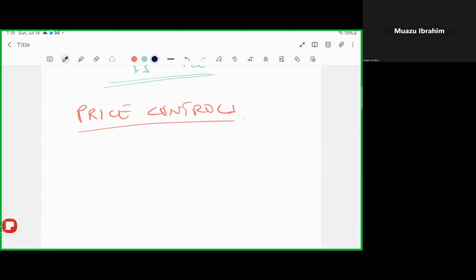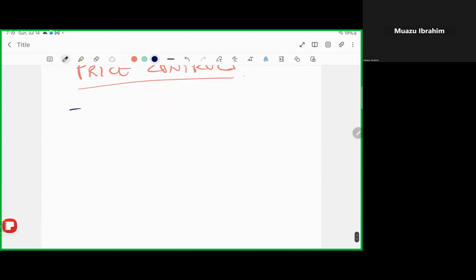So we have what is called the maximum price, and we also have the minimum price.